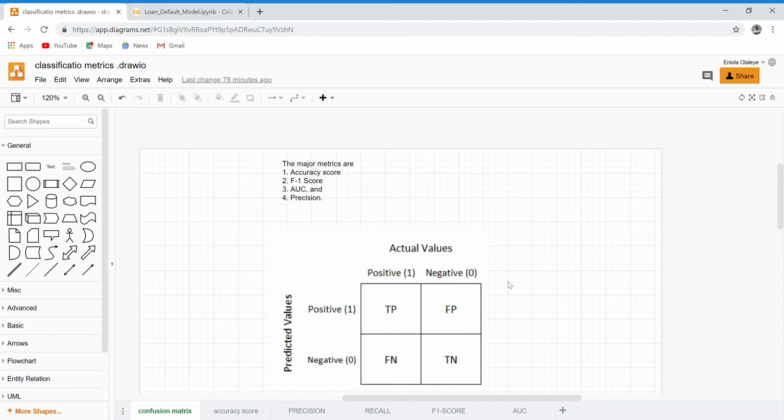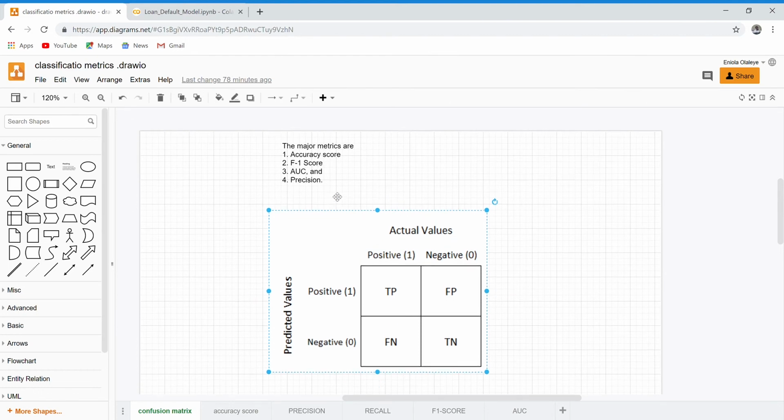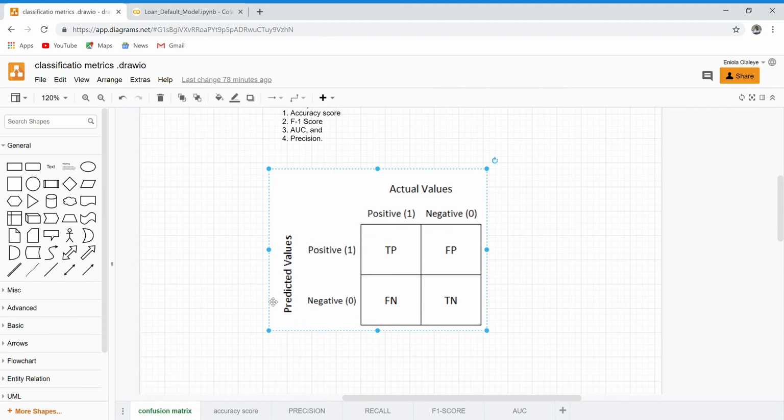So this is a diagram of a confusion matrix, right here. A confusion matrix itself is not a performance measure, but almost all the performance metrics are based on it. That is, I can explain what an accuracy score is from my confusion matrix, my F1 score, AUC, and precision. All of this can be explained through a confusion matrix.